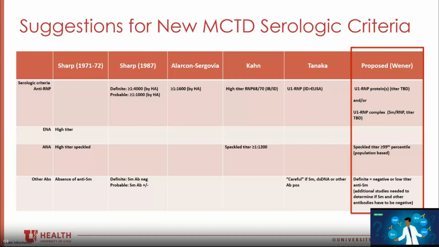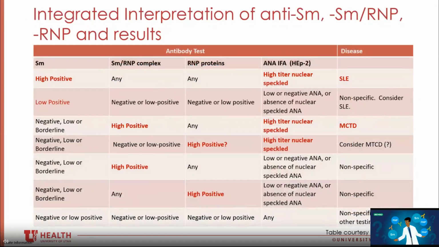In addition to the new serologic criteria proposed for mixed connective tissue disease, an additional recommendation for addressing the challenges associated with interpreting the results of RNP testing is the combined interpretation of results of testing for antibodies against Smith on its own, the Smith RNP complex, and RNP-specific proteins, as well as ANA by IFA, where a combination of positivity for Smith RNP antibodies in combination with a high titer speckled ANA and negative, low, or borderline results for Smith antibody is associated with a diagnosis of mixed connective tissue disease, regardless of whether antibodies to the RNP-specific proteins are present.